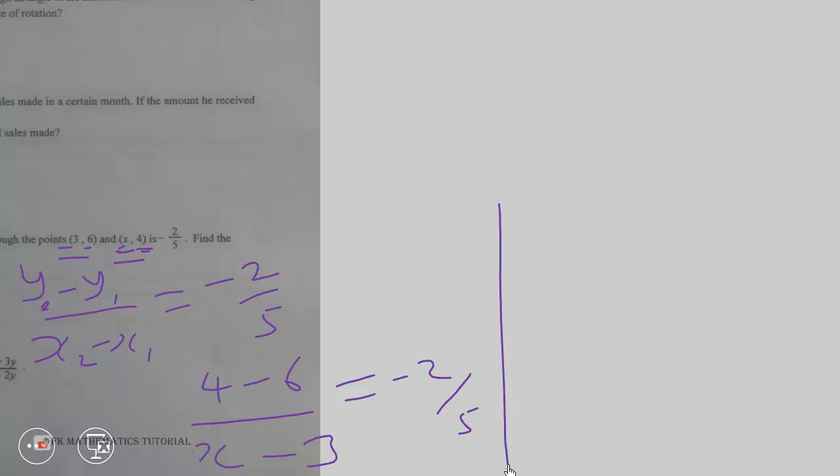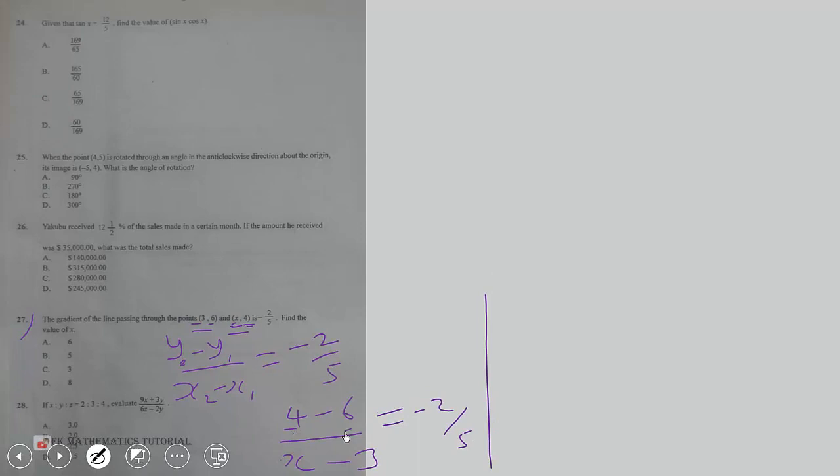So this is (x2,y2) and this is (x1,y1). So we have y2, which is 4, minus 6, over x2, which is x, minus 3 (x1), is equal to -2/5.